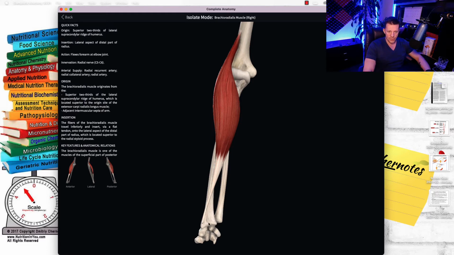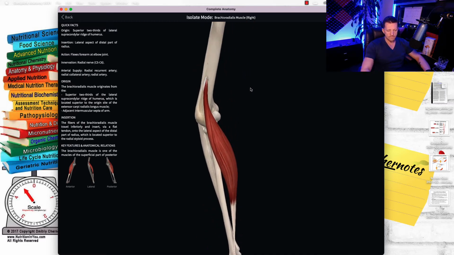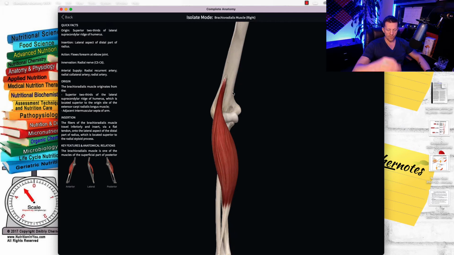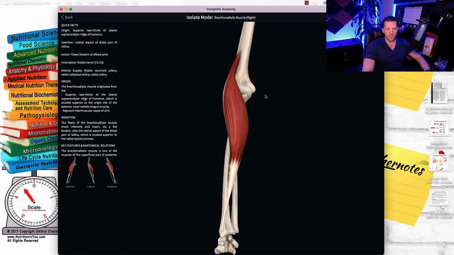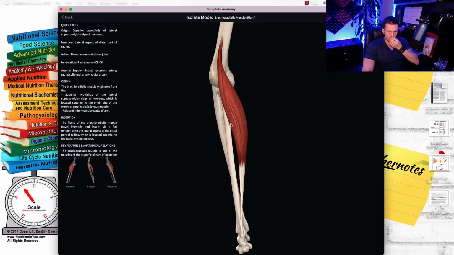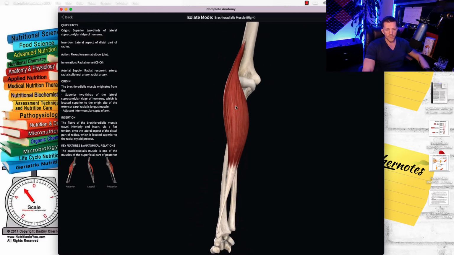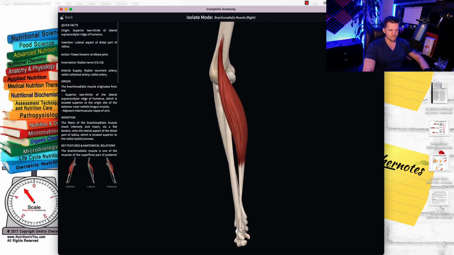You do not need to know where the insertion or the origin is. I just want to point out and make sure that you remember that origin is the less movable part of a muscle, and the insertion is the more movable part. So the forearm would be the more movable part.